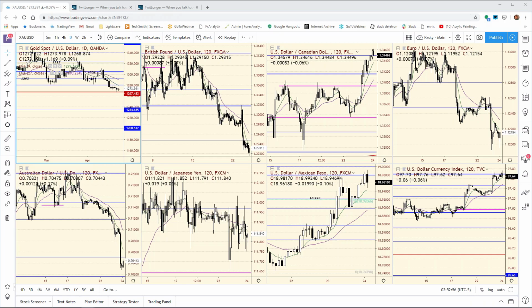And lastly, we'll wrap up with the CAD yen. Certainly, this has the opportunity to move even lower. We do have Bank of Canada today, so you want to make sure you have a little bit of extra room here.